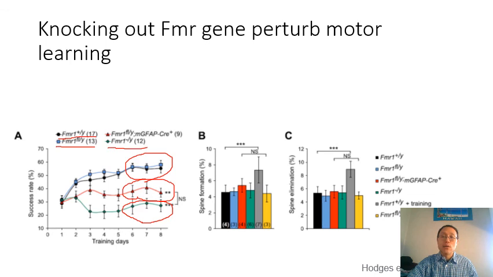Basically, it doesn't really matter if the animals are knocked out in the astrocytes or globally knocked out, they do not have a new increased dendritic spine formation, or elimination for that matter. Which means that there is no learning, and no correlated amount of spines being induced by the learning.